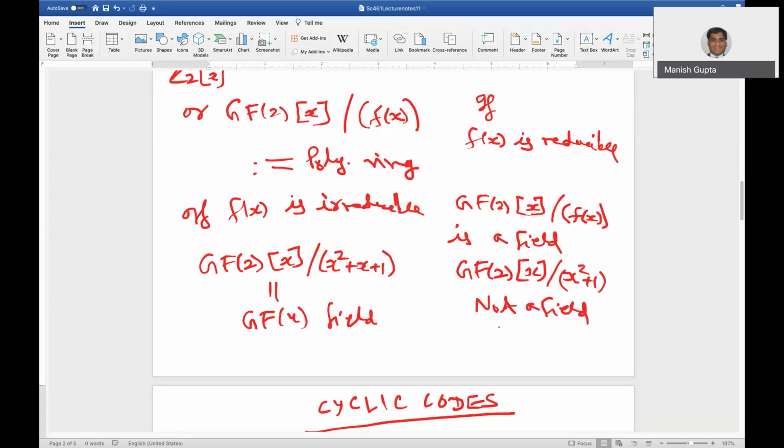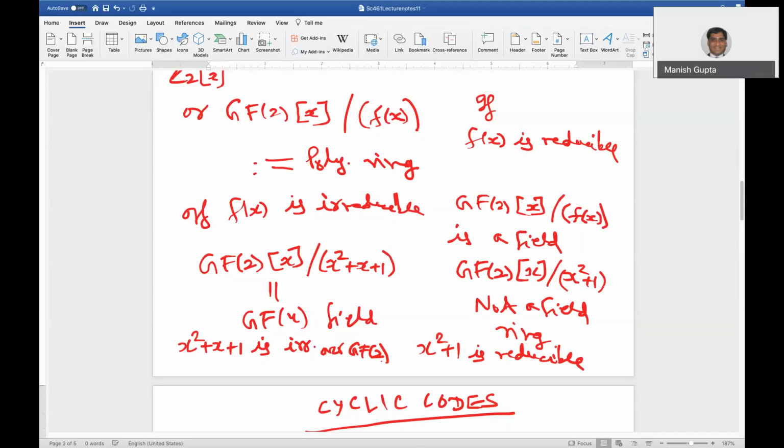It is a ring, because x square plus 1 is reducible, and in this case x square plus x plus 1 is irreducible over GF2.